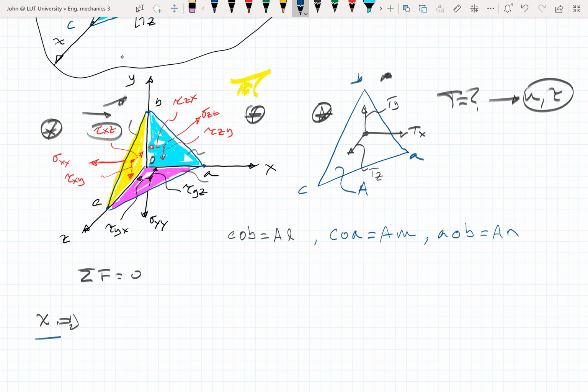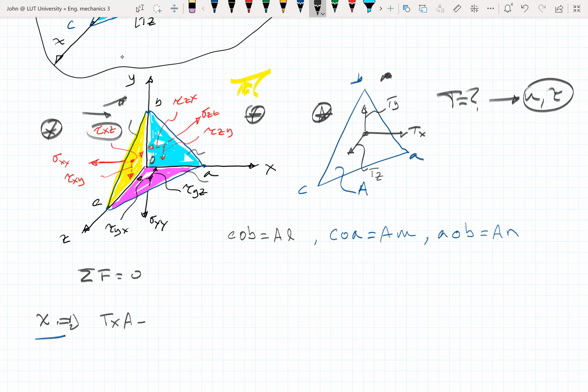If I make the sum of forces along the x direction, I'm going to have as positive force Tx, and Tx is applied on the big area A. And that's going to give me the force there.